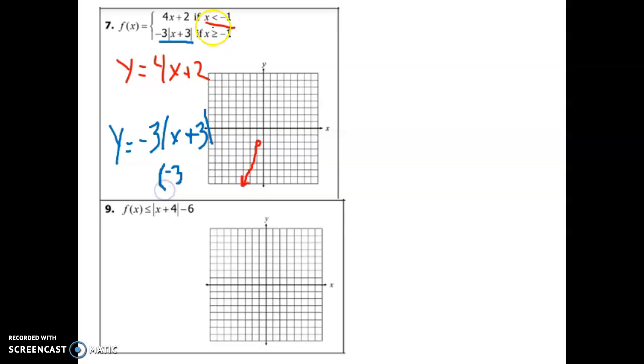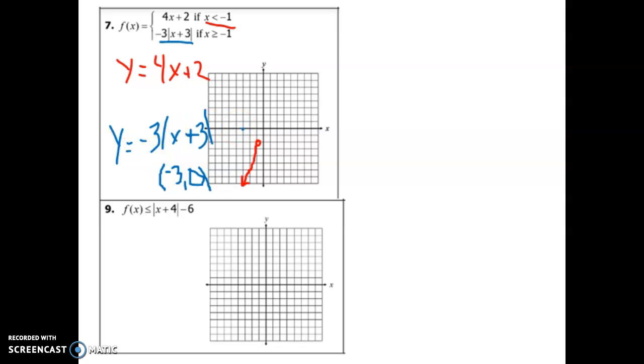Well, since there's nothing on the outside of the absolute value, my k value is 0. So this graph starts at -3, 0. And by this graph starts, I mean the vertex of this graph starts at -3, 0.